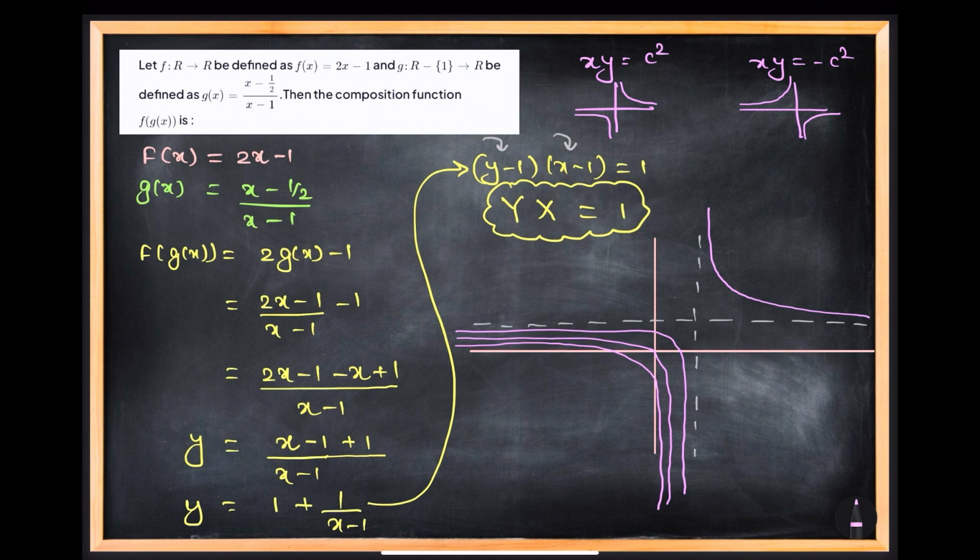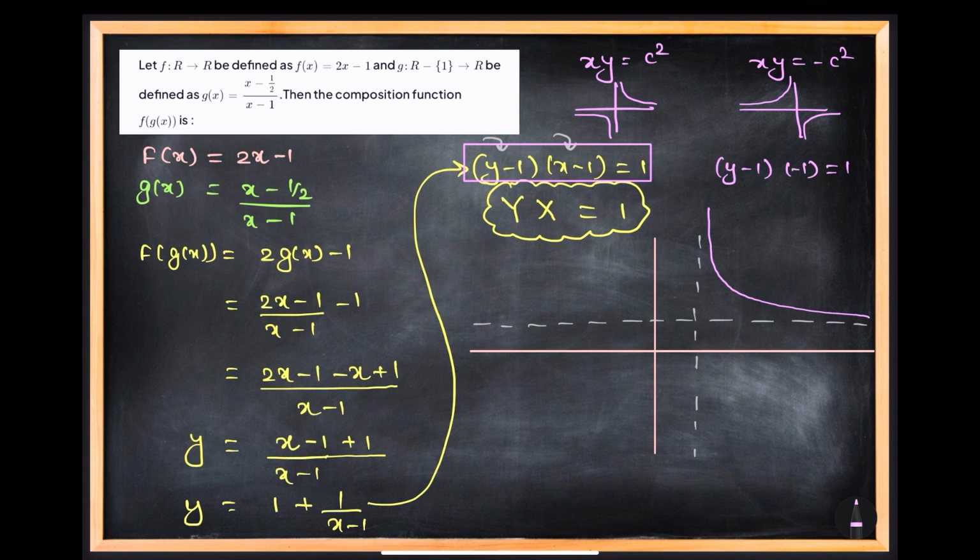So how will we rectify this? What you have to do is replace x with 0 in your equation and find the value of y. If you replace x with 0, you will have y minus 1 times minus 1 equals 1. So minus 1 that side, we have y minus 1, this thing gone, so we got y as 0. So if we replace x with 0, we got y as 0. This means the graph will pass through the origin.